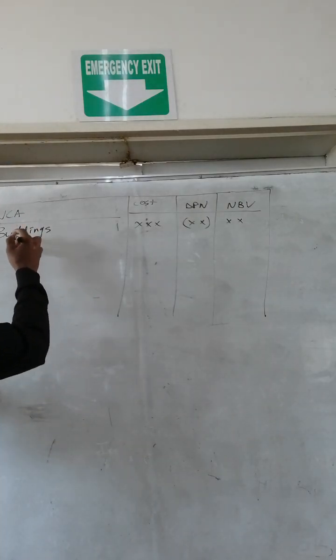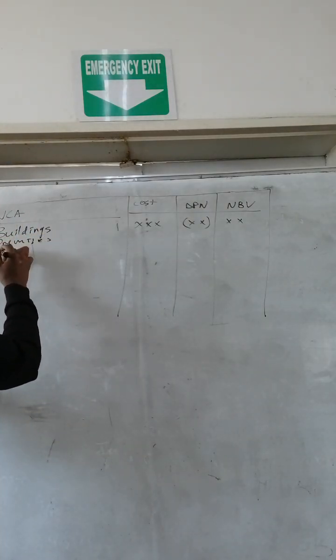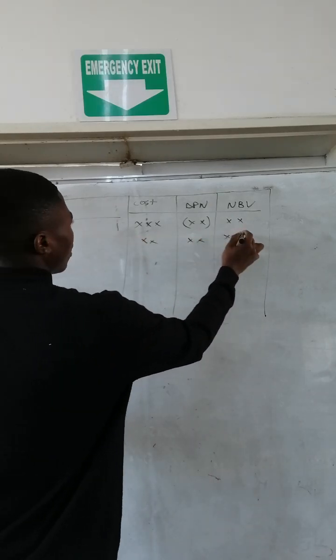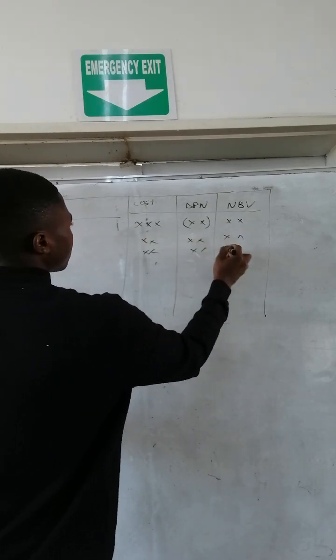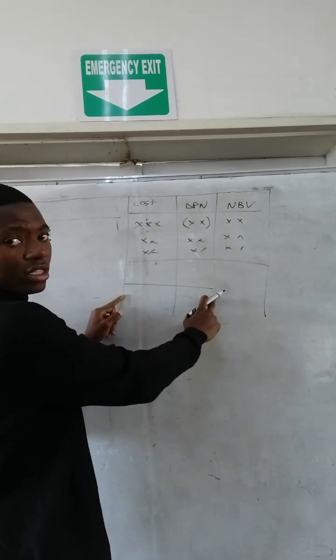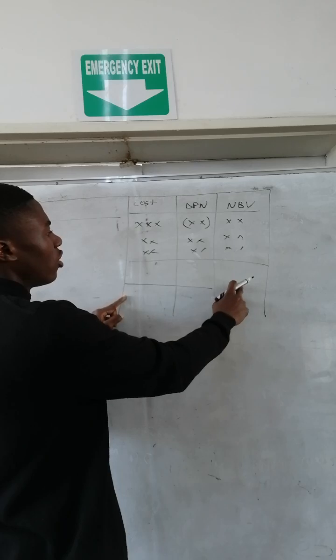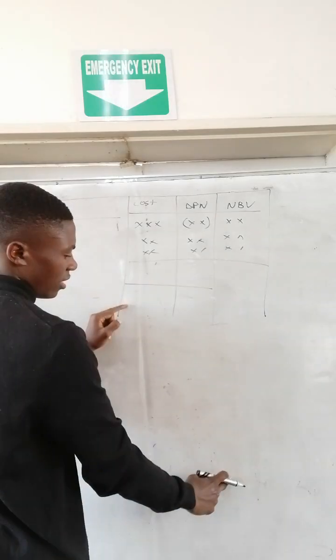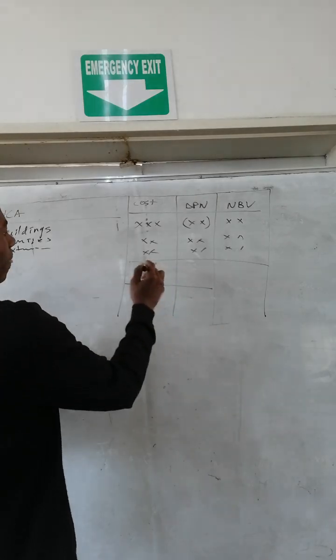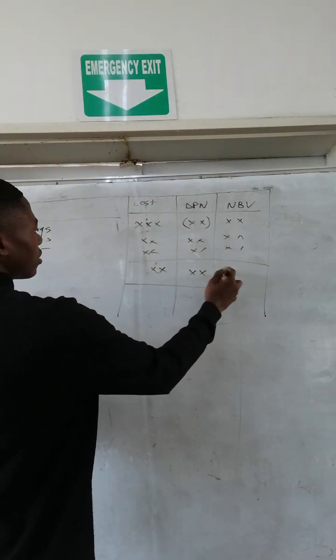On this one, maybe premises, fixtures and fittings. Then you can underline the first two, and on this one you leave it for the addition. So we put our totals.